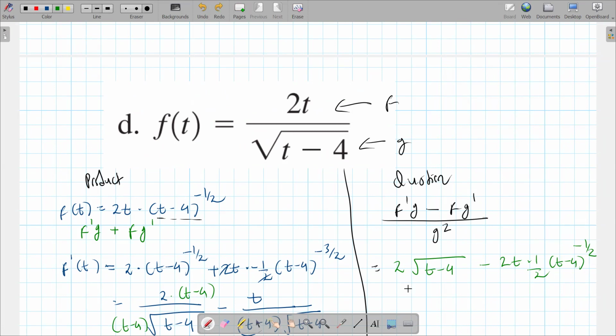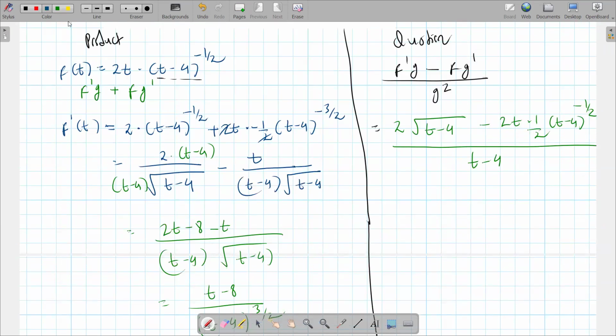All over g squared. So if you square this, what happens to the root? Disappears, goes to Narnia, see you later. All right, now what? This and this cancels out. So we have 2 root t minus 4 minus t over root t minus 4, all over t minus 4.